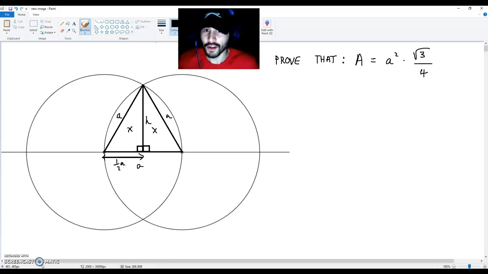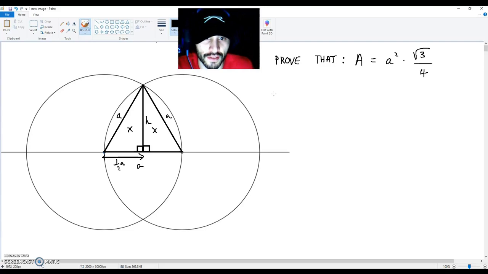And we know, because of Pythagoras' theorem, that half a squared plus h squared is going to be equal to a squared over here. So that's half a squared plus h squared is going to be equal to a squared because of Pythagoras' theorem.